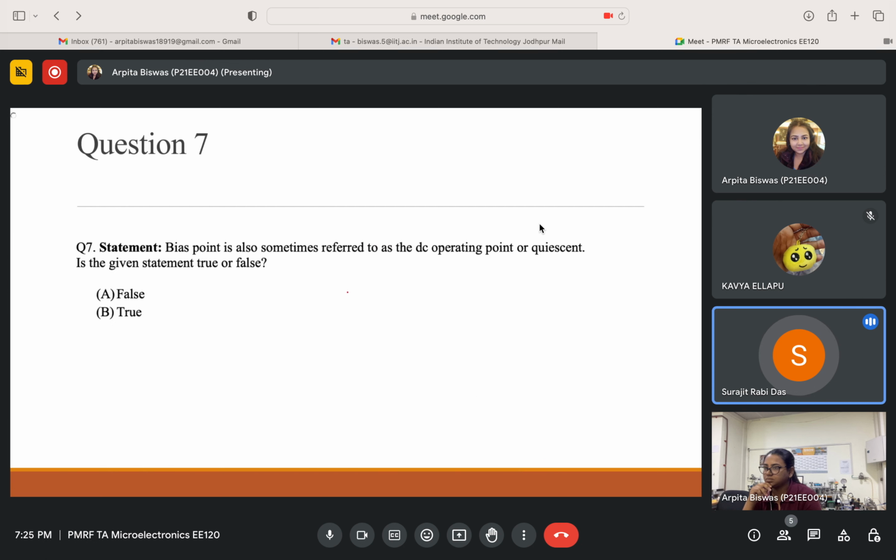So first we have to fix the DC current and DC voltages from the ID and VDS curve. Where the load line cuts the characteristics, that is called the Q point, or sometimes the DC operating point. So first we fix that, then we apply the AC signal. Okay. Kavya, what is the right answer?